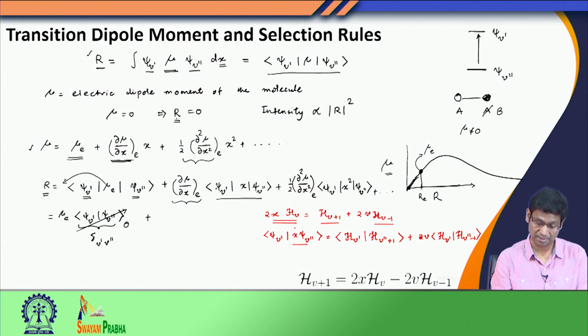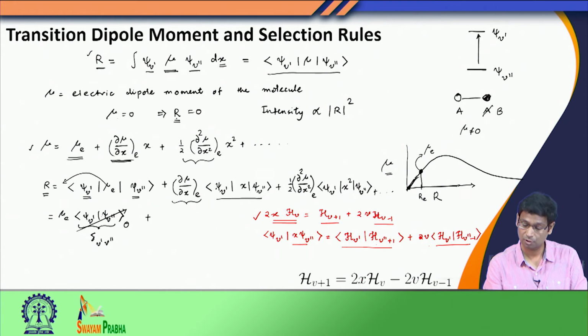So, I am just replacing this x psi v double prime using this relation, and now I see that I have got two overlap integrals. The first one shows the overlap between v prime and v double prime plus 1, and the second one is the overlap between v prime and v double prime minus 1.